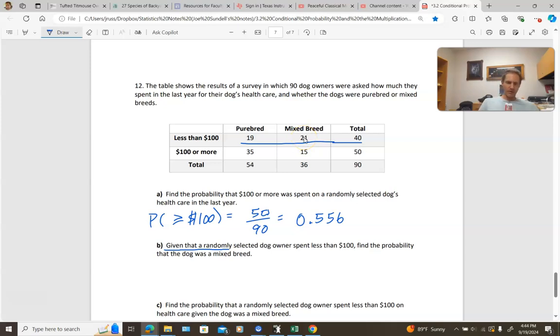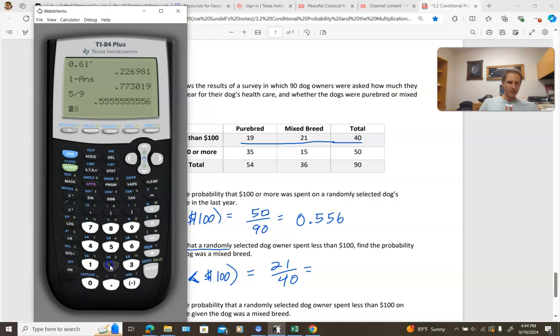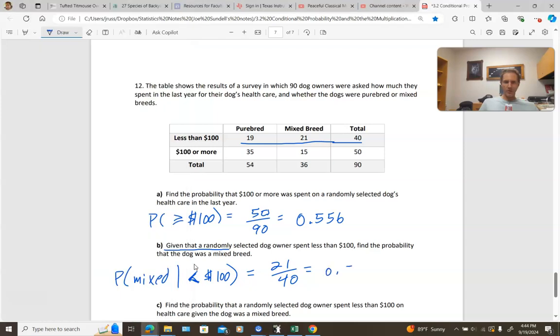So we could write it like this: the probability that the dog is a mixed breed, given that less than $100 was spent, is going to be 21 out of 40, which is 0.525.